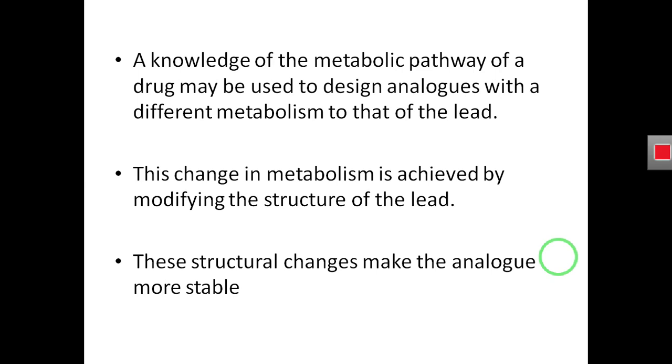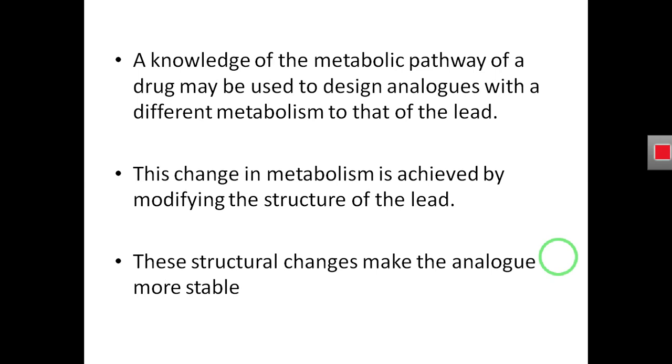And what are analogs? Analogs are, means if you have a particular drug, previously the parent compound, but you have a similar drug that has a similar mechanism of action but a different structure, it will be the analog of the previous drug.